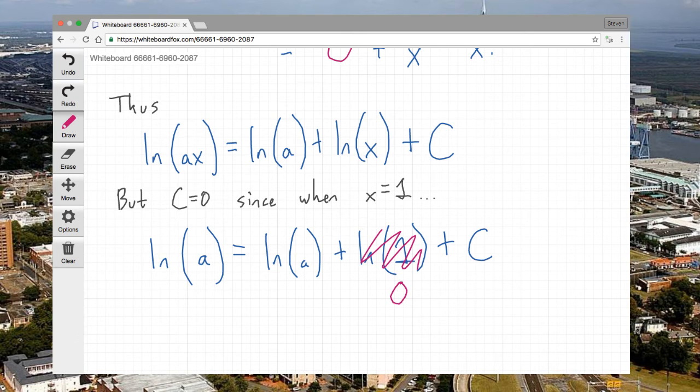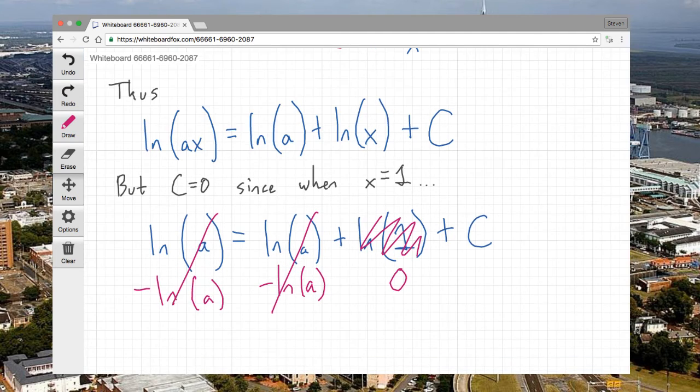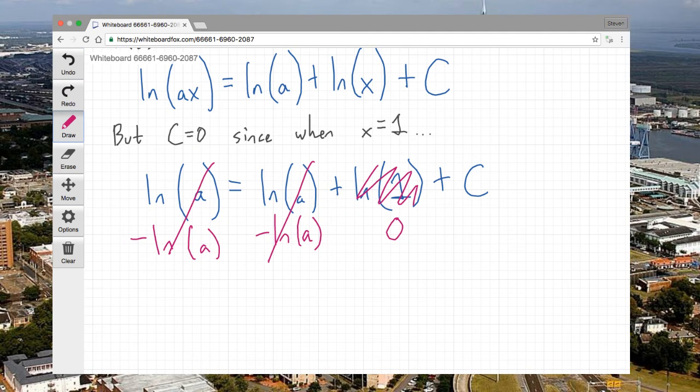And then I can subtract natural log of a from both sides. And what does that leave me with? I've got 0 equals 0 plus c. So c is equal to 0.